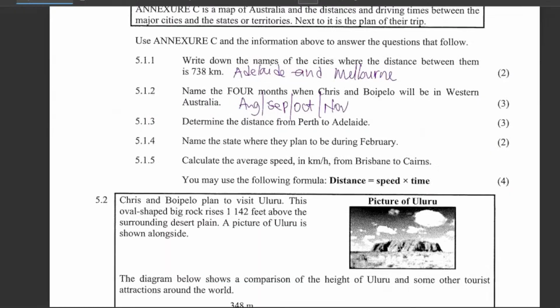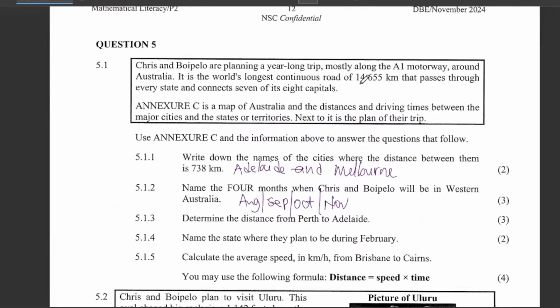The scenario here, they're telling us we have a distance of 14,600.